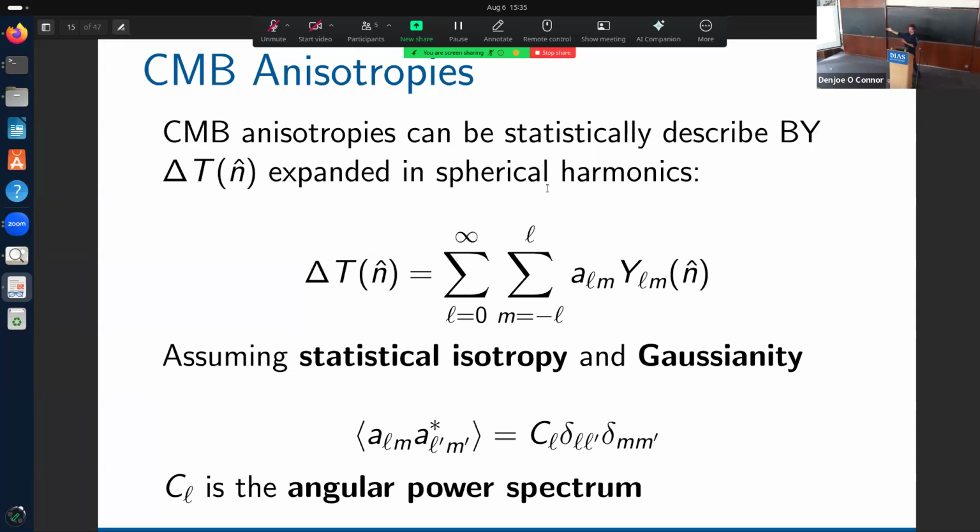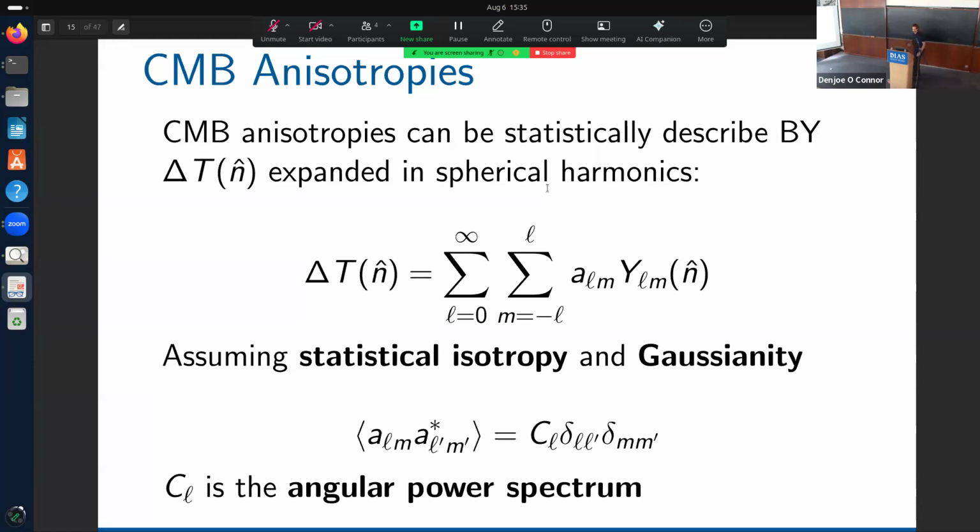This is basically like taking a Fourier series in 1D, but we're using spherical harmonics. And assuming that the universe is isotropic and Gaussian, we will see that we can calculate the coefficients of the spherical harmonics solely using this C_l, which we call the angular power spectrum.